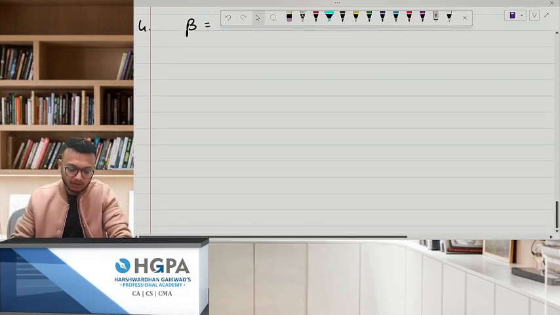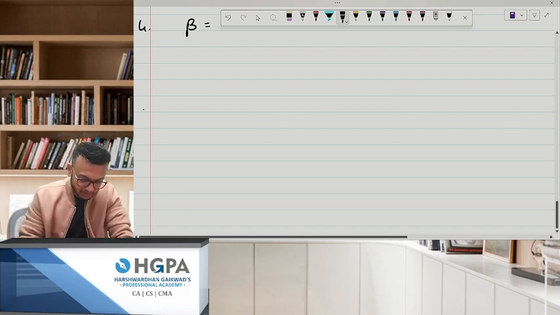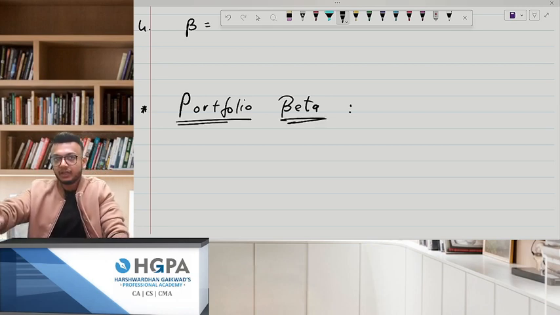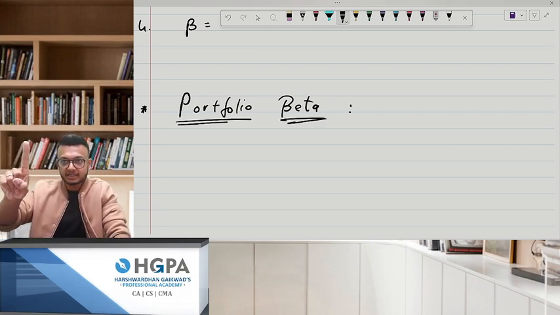Now I am asking you a very simple question and then we will start solving sums. What is the meaning, or how will you compute this? Pay attention. We did portfolio return, you gave me an answer. We did portfolio risk, you gave me an answer.